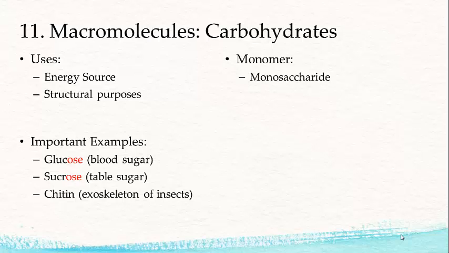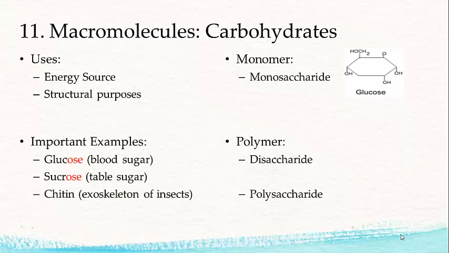The monomer for a carbohydrate is a monosaccharide. So that's just a single sugar like glucose. Polymer is going to be either a disaccharide or a polysaccharide. So here we see we have a glucose and a fructose that have joined together, and that makes sucrose, which is table sugar.